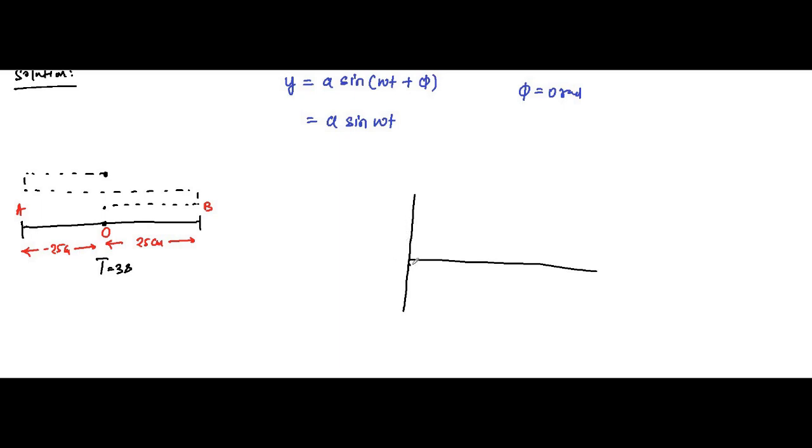First it goes on the positive side, so it will be a sinusoidal kind of curve. This is Y, this is T. The maximum is 25 centimeters here, and here it is minus 25 centimeters.